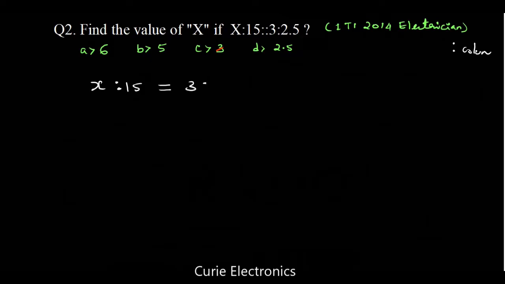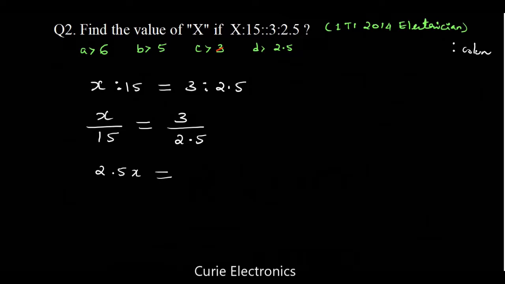Now first you have to write it in the fractional method. The ratio we can write in fractional method also. So I'll write x as the numerator, 15 as the denominator, equal to 3 upon 2.5. Now cross multiply.